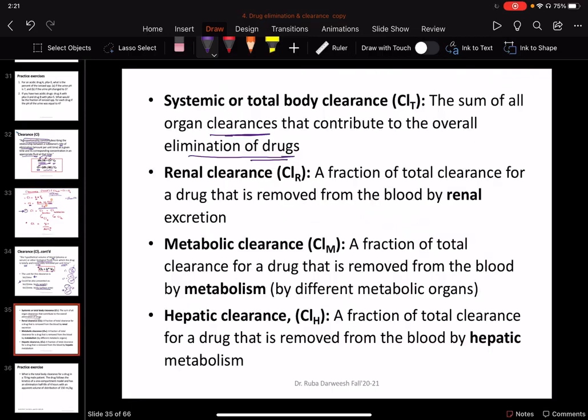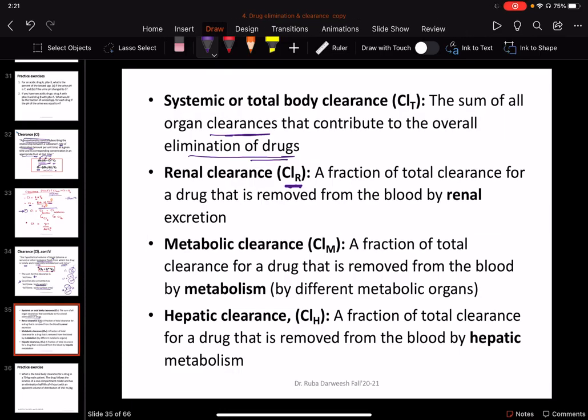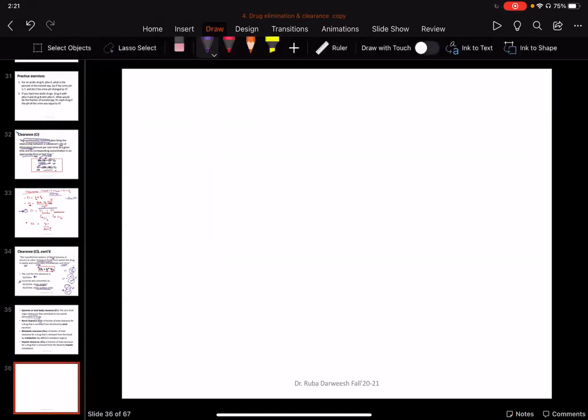When we are talking about the renal clearance, if you remember, to determine the renal clearance, if you have the total clearance and you want the renal clearance, we mentioned before that we have the fraction of excretion. This would be equal to renal clearance over total clearance, right?